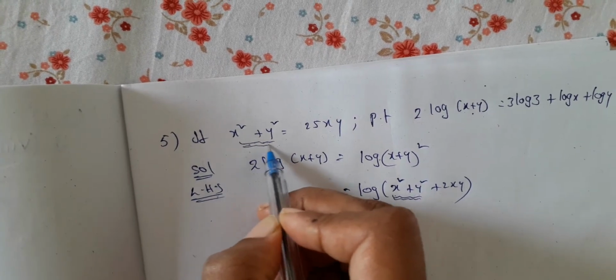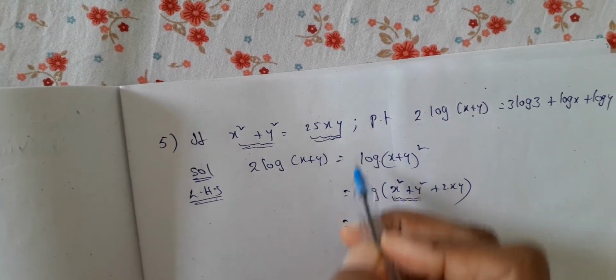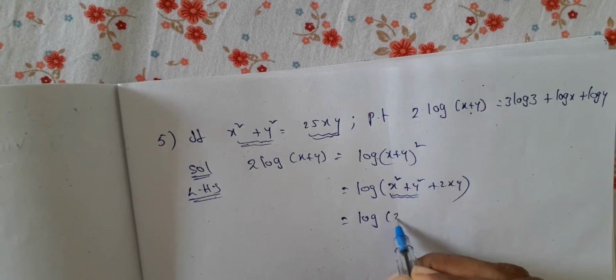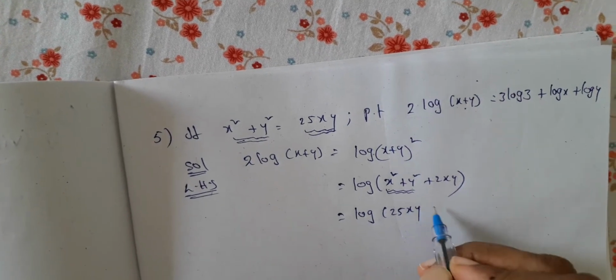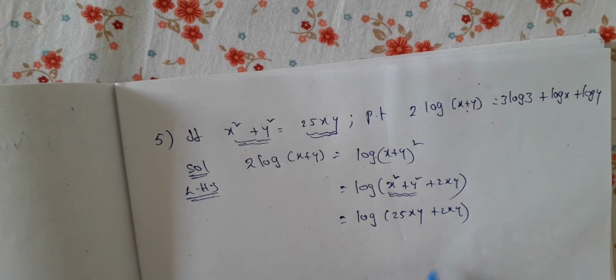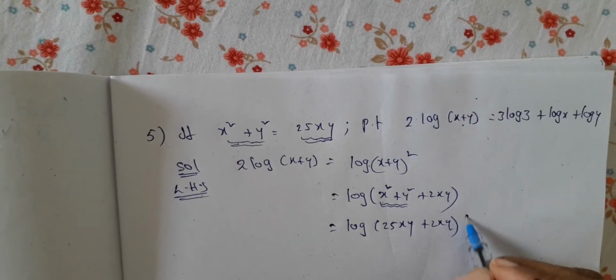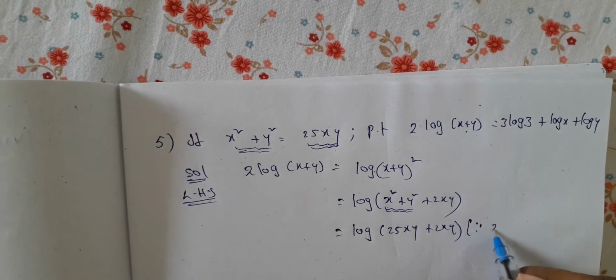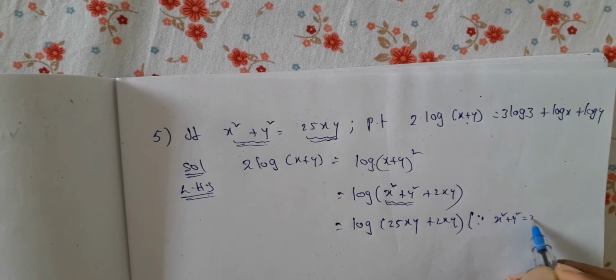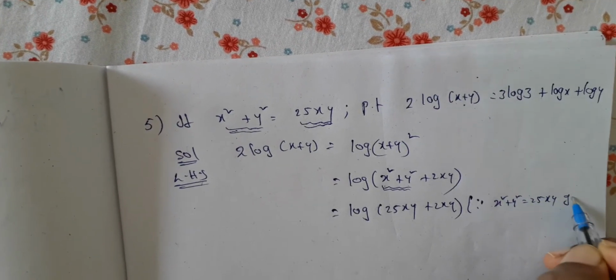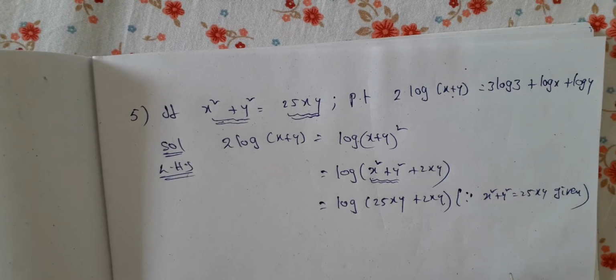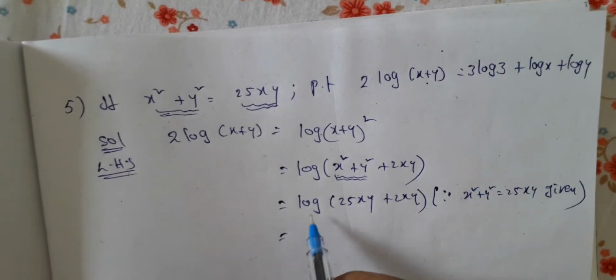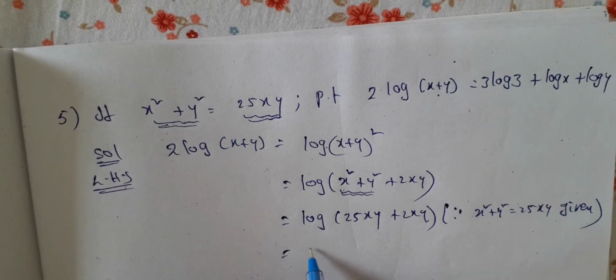This value is given to us as 25xy. So I'll write it as 25xy plus 2xy. What is the reason you have to write? Since x square plus y square is equal to 25xy is given. So therefore, now log of 25xy plus 2xy.